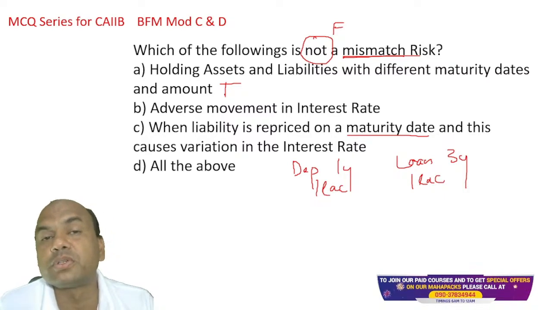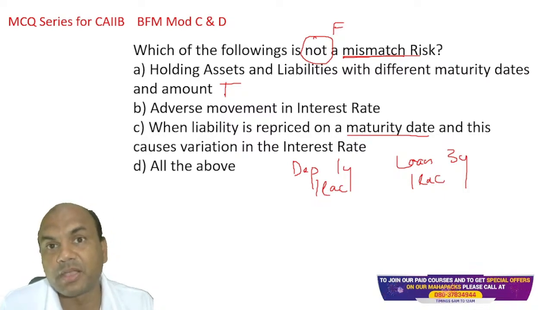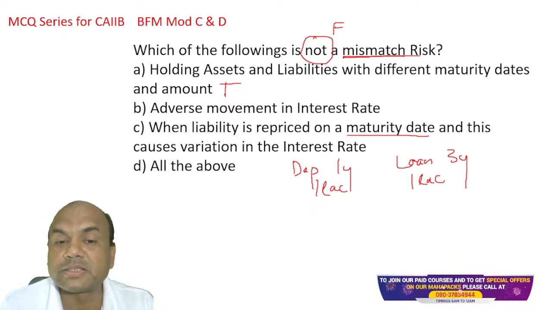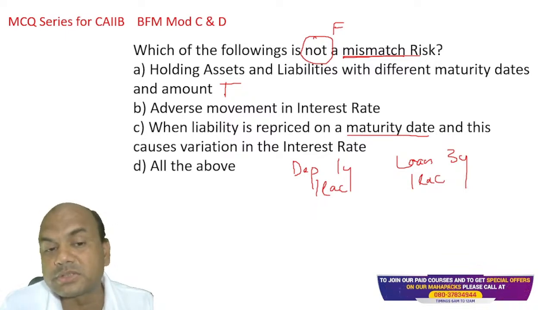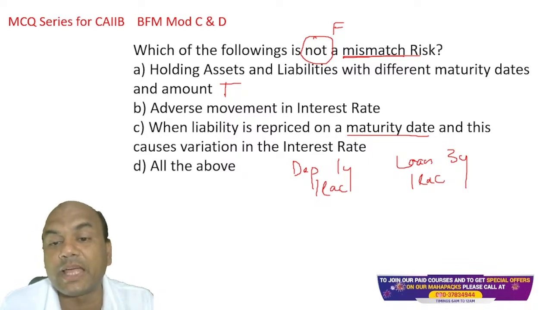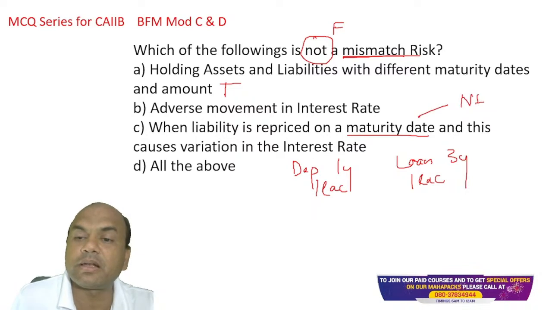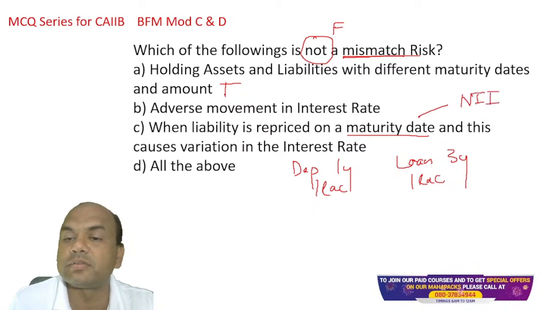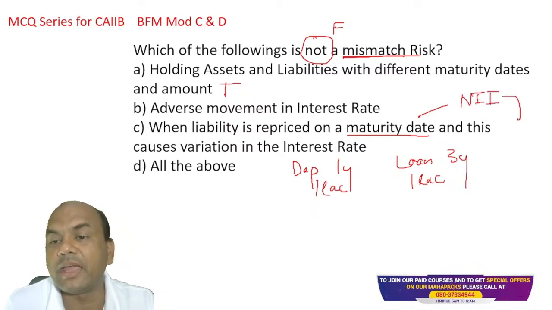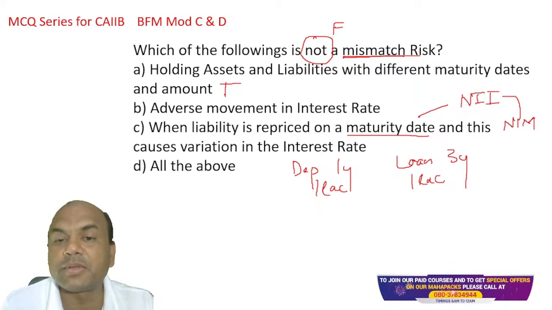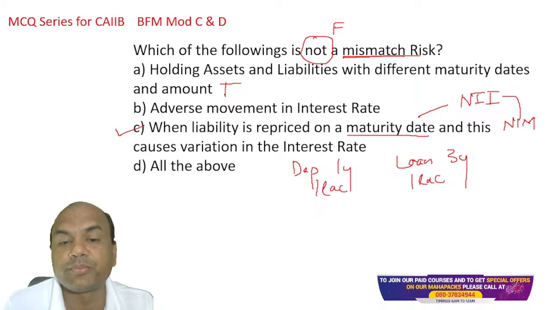If the deposit interest rate has increased, going against my favor, there will be a mismatch between the interest rate of the loans and of the deposit. So NII will be affected, and further to this, NIM, net interest margin, will be affected. So this is definitely a mismatch risk. So this is also true.